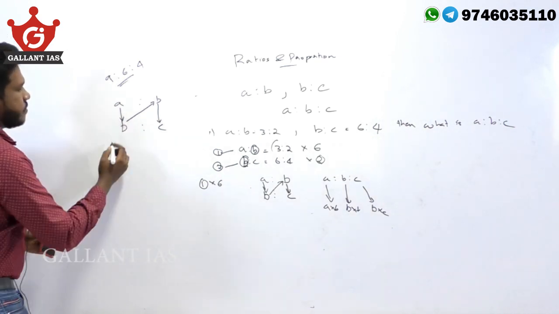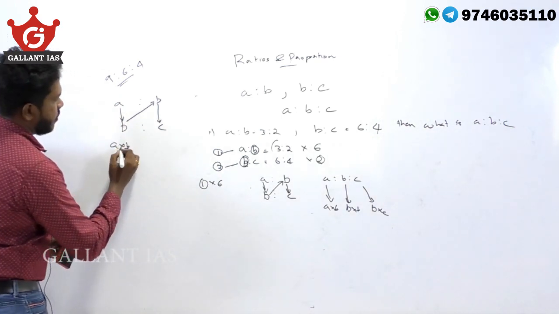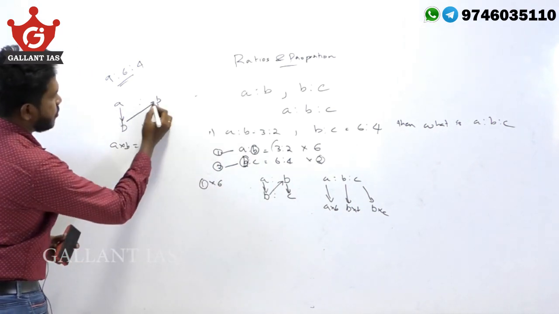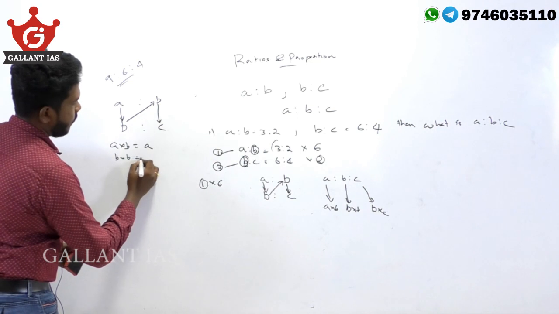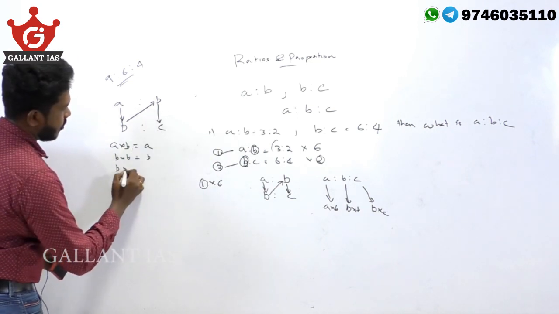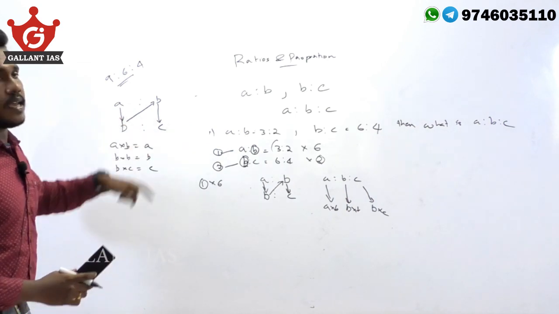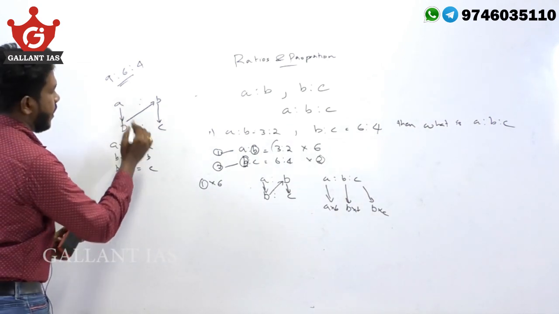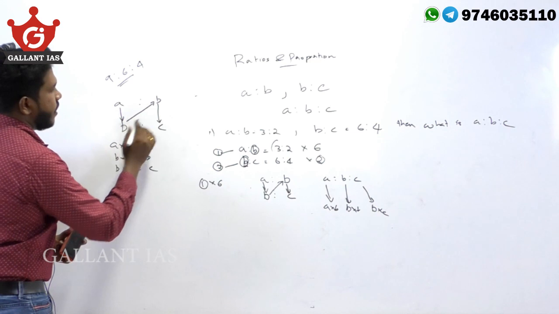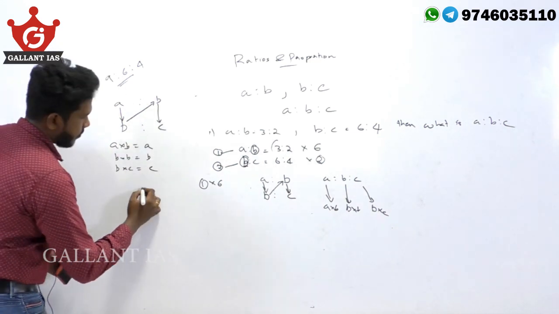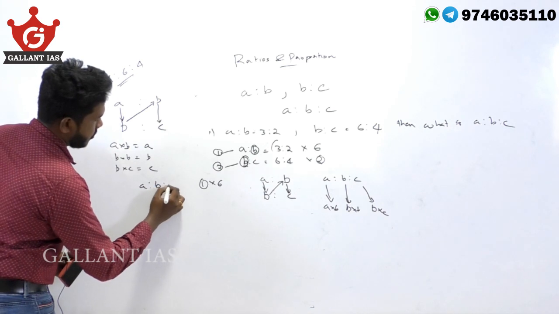Here A into B gives the value of A in A is to B is to C, B into B gives the value of B, and B into C gives what? The value of C. That is multiplying in a zigzag manner. A into B gives the value of A, B into B gives the value of B, and B into C gives the value of C. Got it? So we will get the answer A is to B is to C.